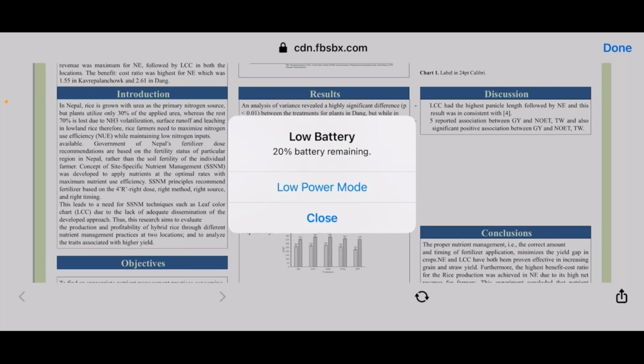The number of effective tillers per meter square was highest in Government of Nepal plots, that is 278.40, followed by leaf color chart, that is 273.00, and minimum in farmer field plots. While LCC had the maximum number of effective tillers per meter square, and nutrient export had the lowest number of effective tillers per meter square at harvest in Dang.